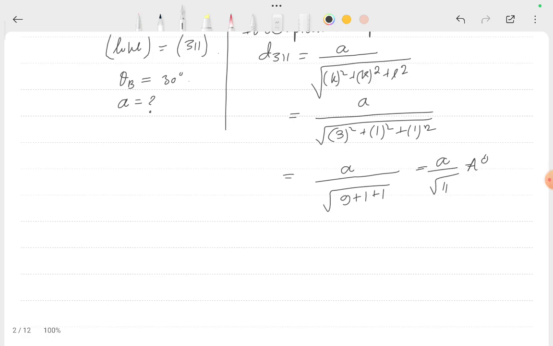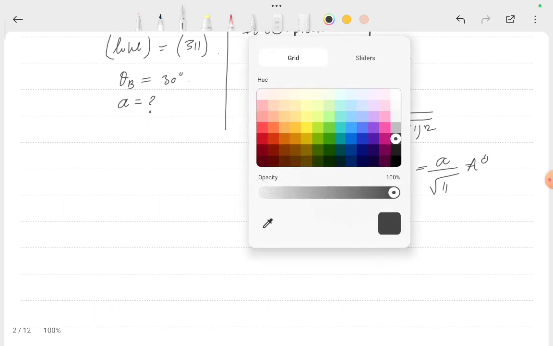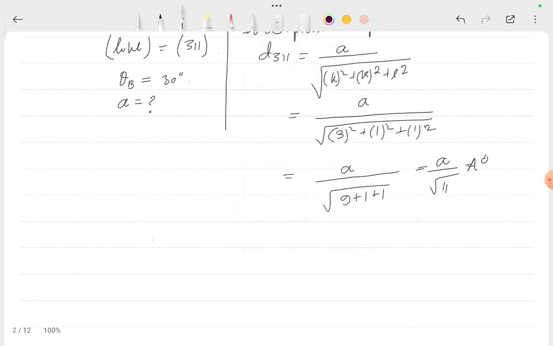Now using Bragg's law: 2 d311 sin theta b equals, for first order, lambda.